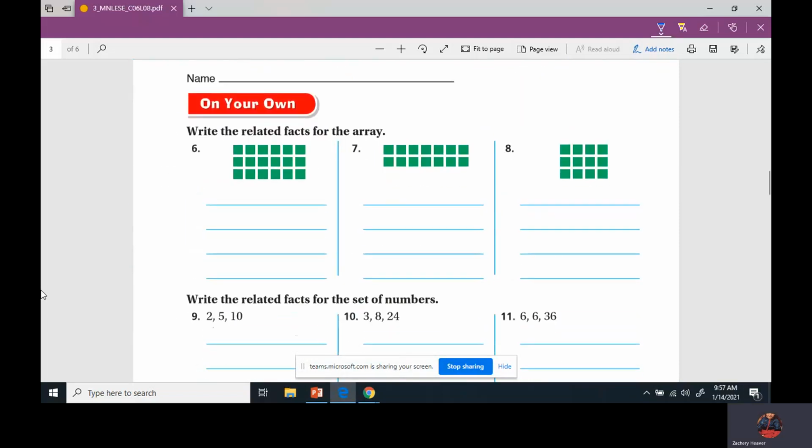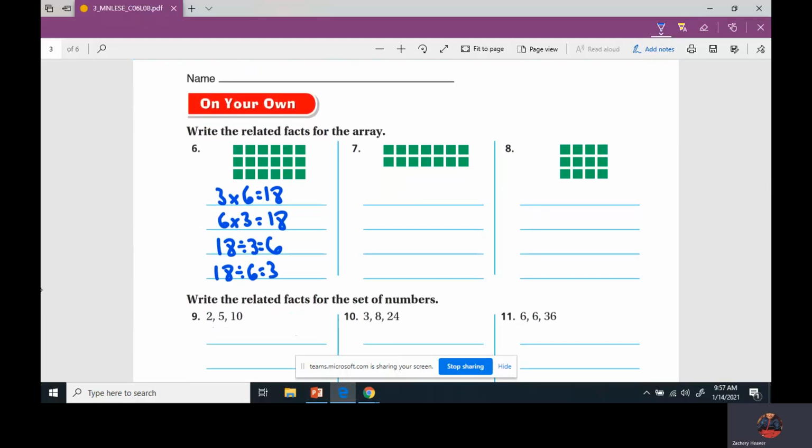So on your own, we know we have 3 down, 1, 2, 3, 4, 5, 6 across, which equals 18. We can reverse it, which equals 18. And I know 18 divided by 3 is 6. And I know 18 divided by 6 is 3.